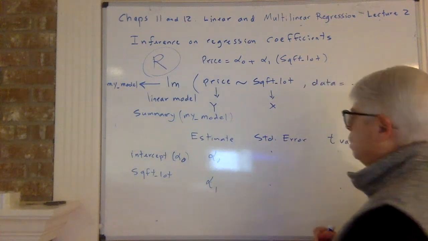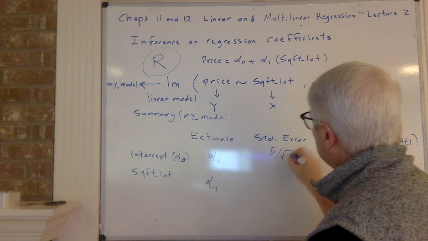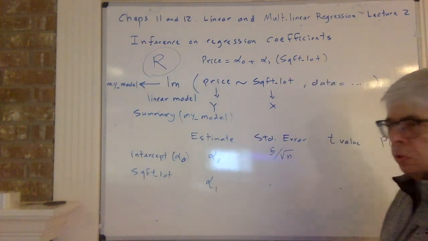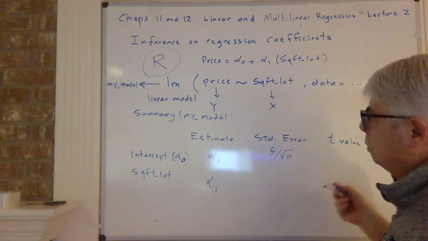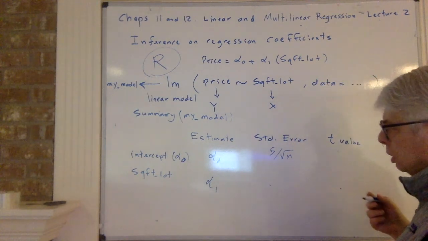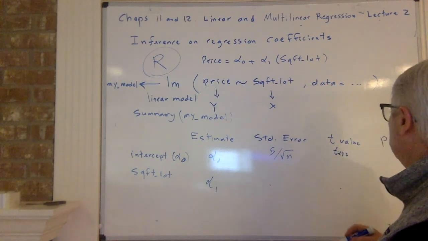Now, standard error is S divided by square root of n. N is the number of data points. So if it's 100, that's square root of 100. And T value, I guess it is 95%, so that's T of alpha over 2.